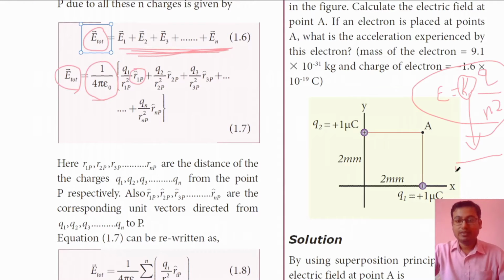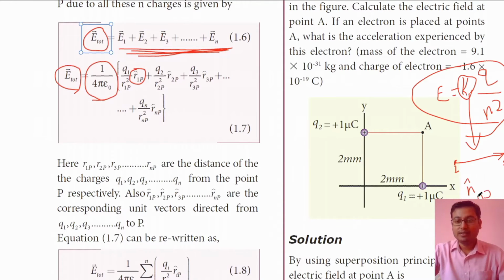Suppose this is particle 1, and here this is the point P on your screen. Then this will be the direction of R cap 1p.